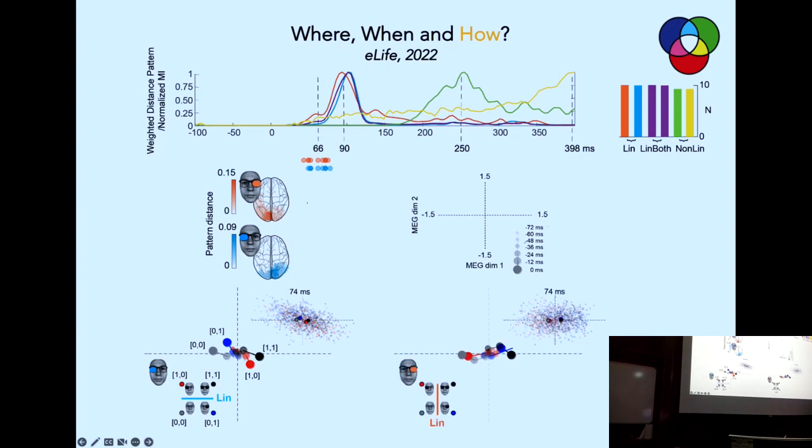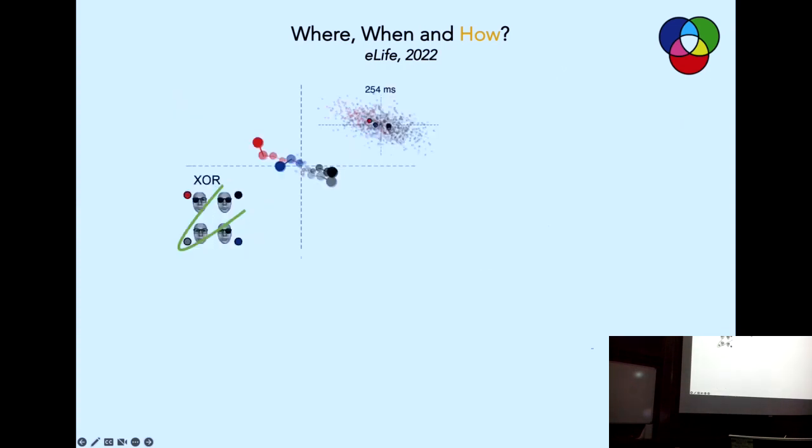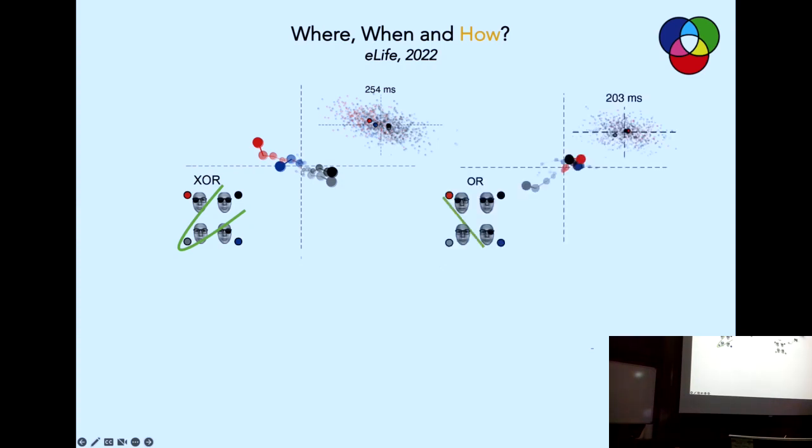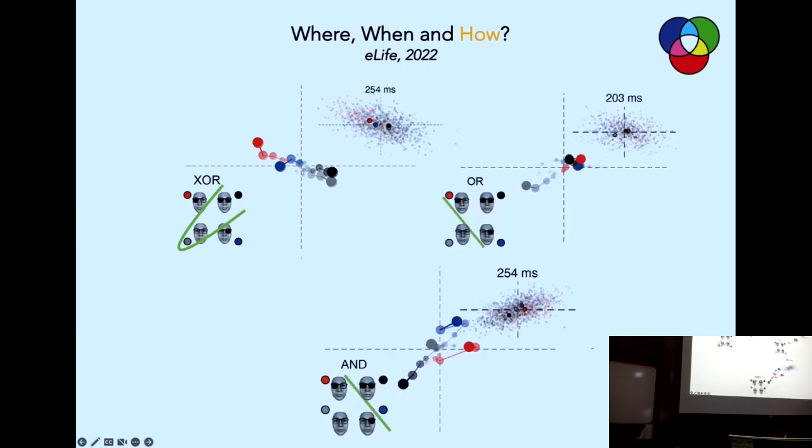And then you can see later on, at the same time, but this time on the left occipital source, separation of all the stimuli with the right lens on, and all of those with the left lens on. And this is the same across all of the three tasks, but when we get to the computation for decision, that starts around 250 or 200 milliseconds in parietal cortex, you can see how the discrimination differs across the tasks.